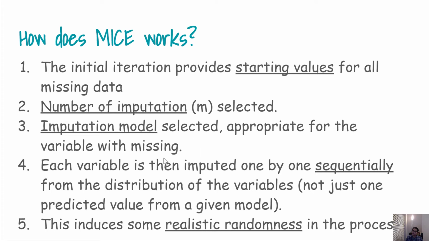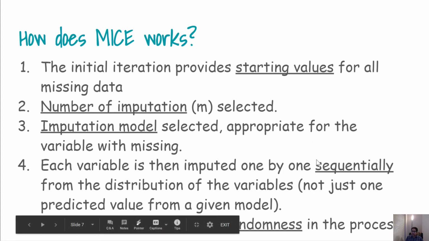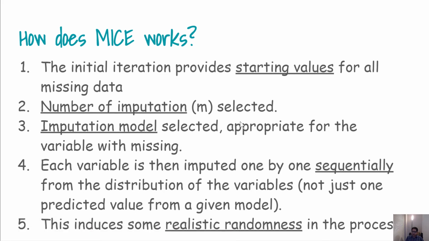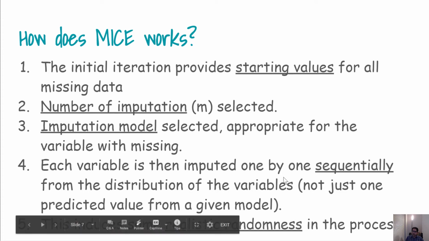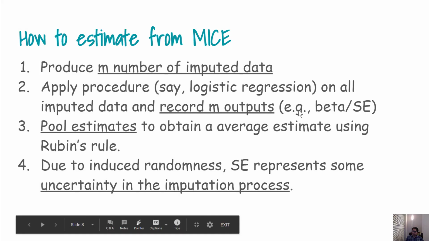And then each variable is imputed one by one sequentially from the distribution of the variables. So this idea is very important. We are not just talking about a predicted value. We are talking about a distribution of predicted values based on which we are simply sampling some observations to impute in our imputed data, and that gives us some realistic randomness in the process.